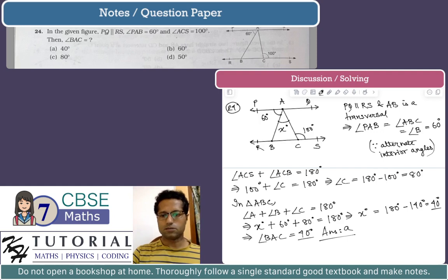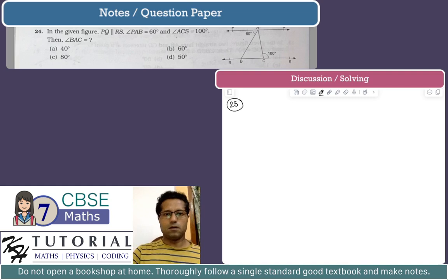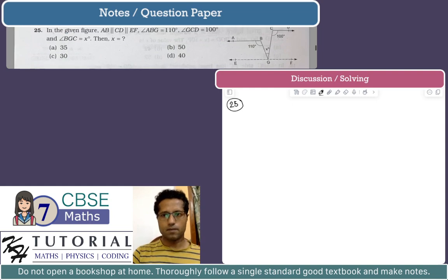Okay, let's solve problem number 25. So let's first draw the figure. In the given figure, AB is parallel to CD.